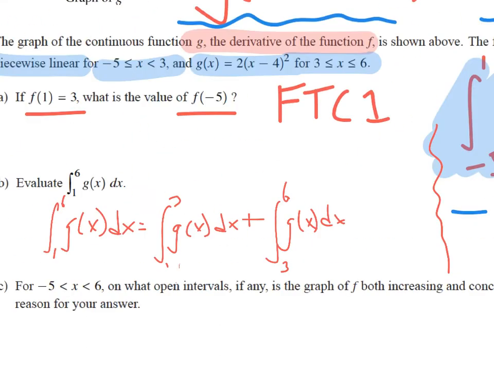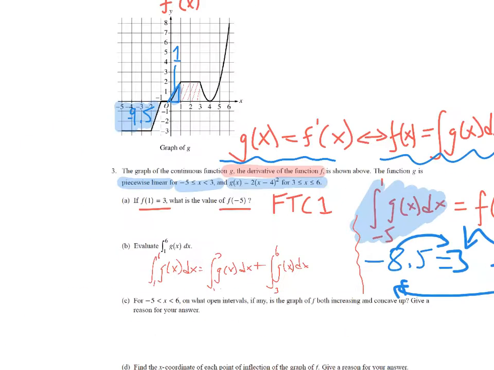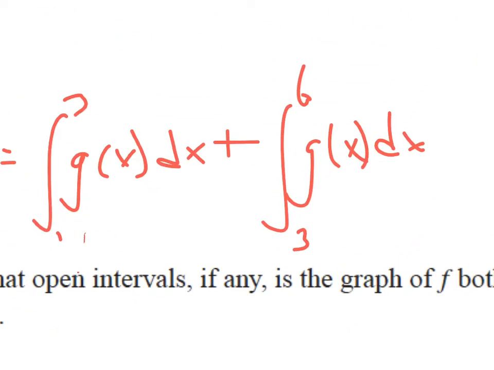We can look at the area here, and the area of this is just 4. We don't need to show anything fancy for that. The area is 4. And then this is the integral from 3 to 6 of 2 times (x minus 4) cubed dx. All right, dot, dot, dot.